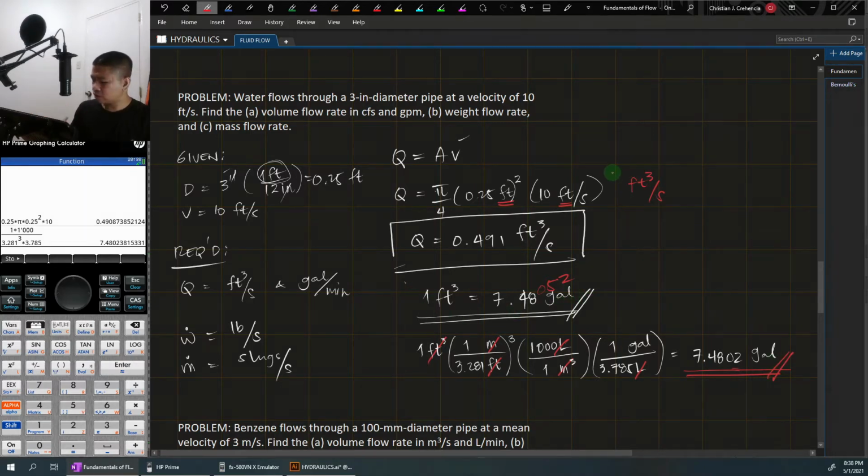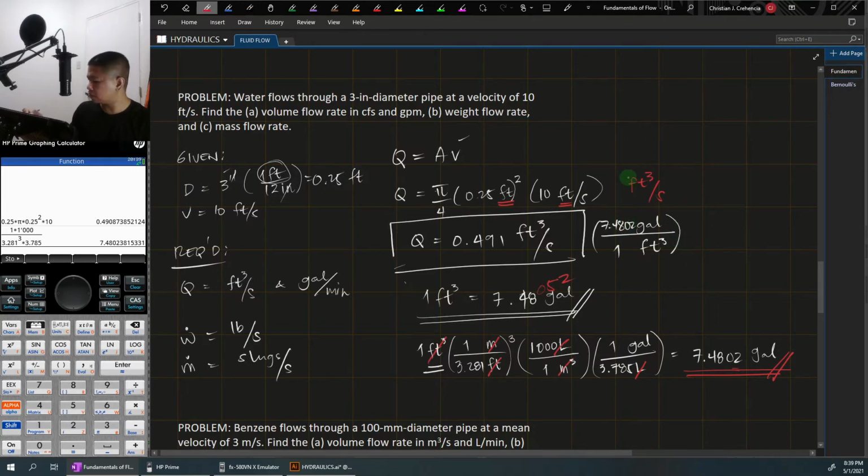Okay? So, yung discharge Q in terms of gallons per minute. Multiply natin ito ngayon, gusto natin ma-cancel yung cubic foot, no? So, for every 1 cubic foot, gallons sa numerator, 1 cubic foot is 7.4802 gallons. Okay.